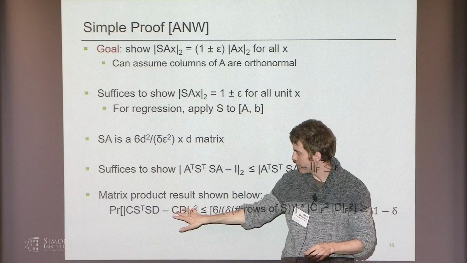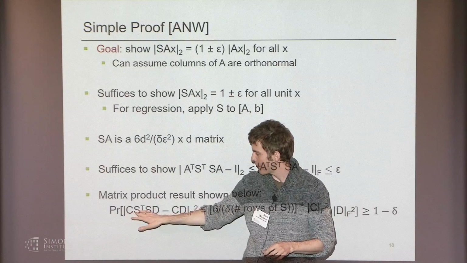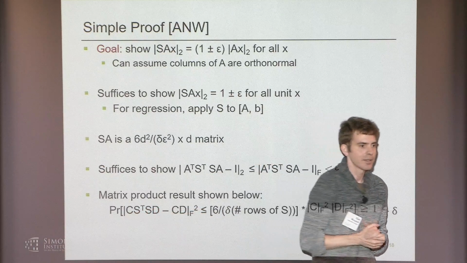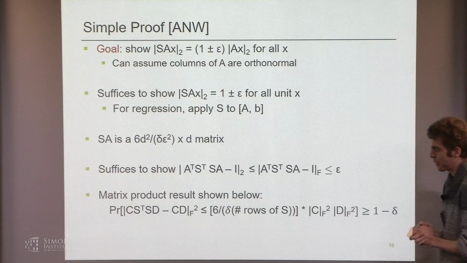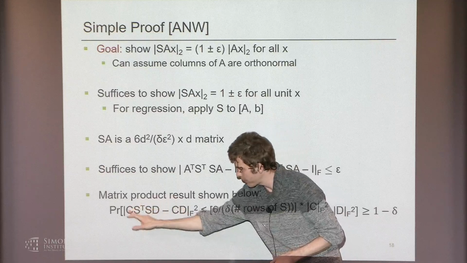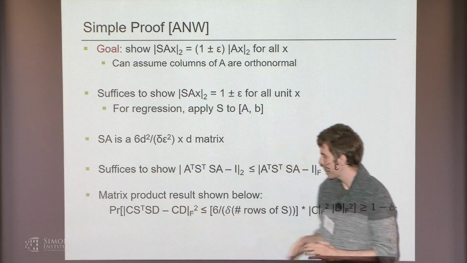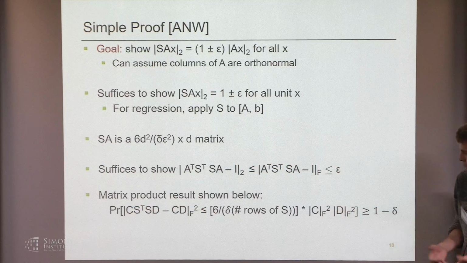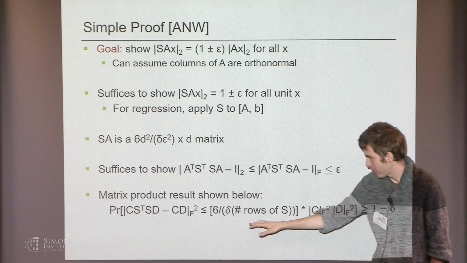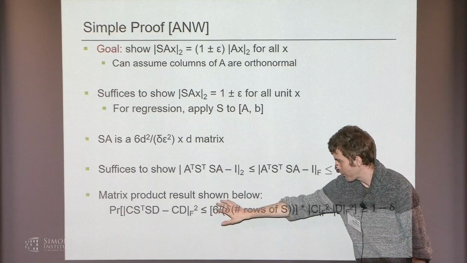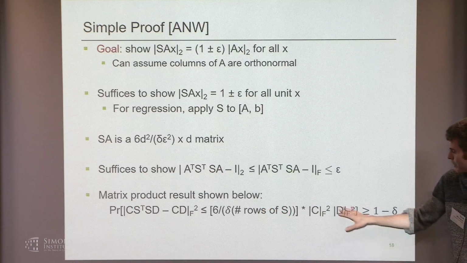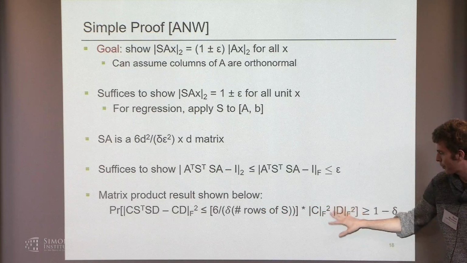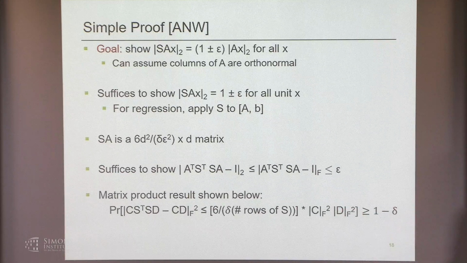Instead of computing C times D, I'm going to compute C times S transpose times S times D. What I'd like is that the squared norm of the difference between my approximation and the actual product is at most roughly 1 over the number of rows of my sketch S, times the squared Frobenius norm of C times the squared Frobenius norm of D, with some good probability.